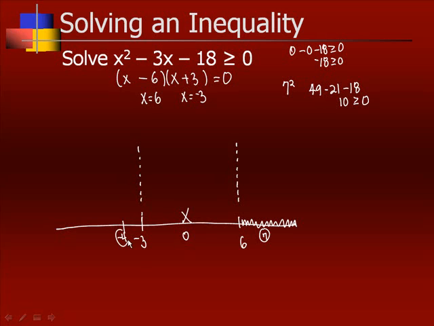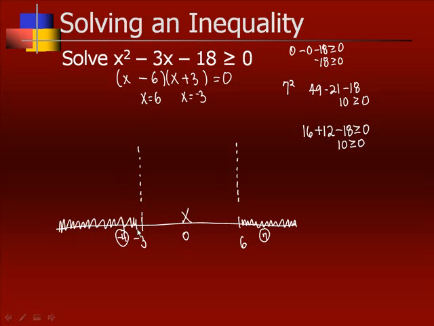Pick a number back here. Pick -4. -4 squared is 16. Minus 3 times -4, that's going to make that a positive 12. Minus 18 is greater than or equal to 0. So that would give us 16 plus 12 is 28, minus 18, that one also gives us 10 is greater than or equal to 0.